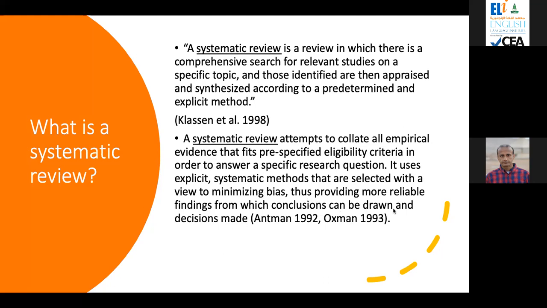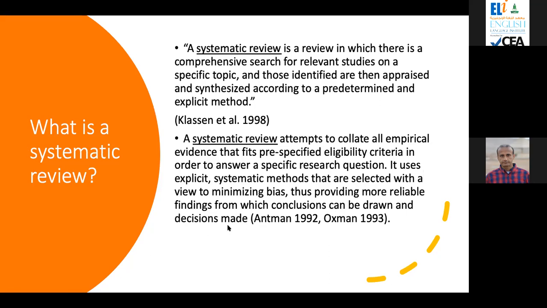So these are very important points in this particular systematic review, because these systematic reviews are mostly used for decision making at a particular level, because we will see who are the people who mostly need these systematic reviews.